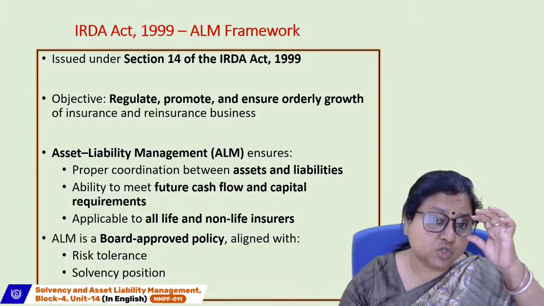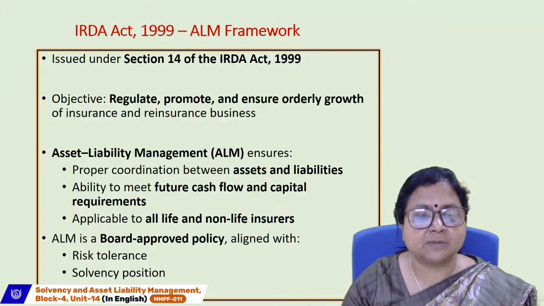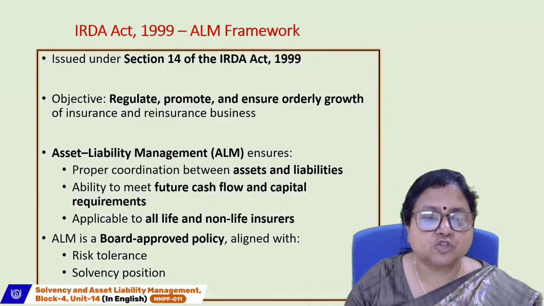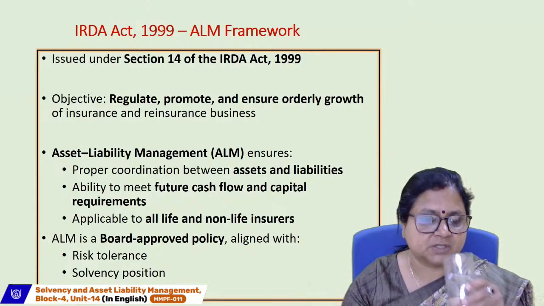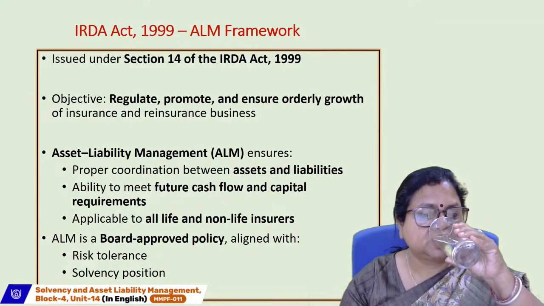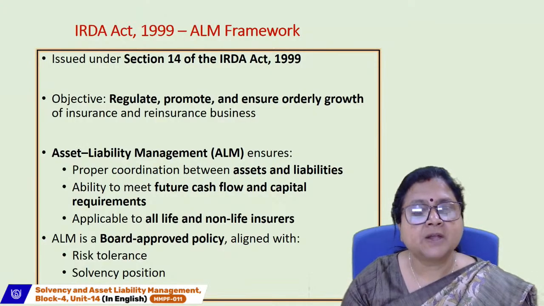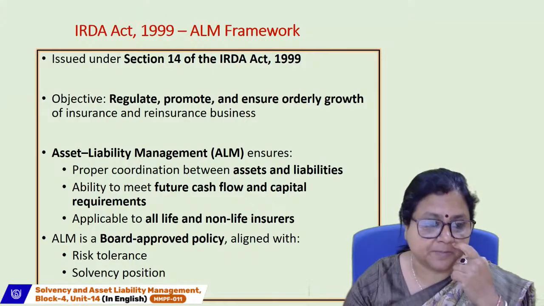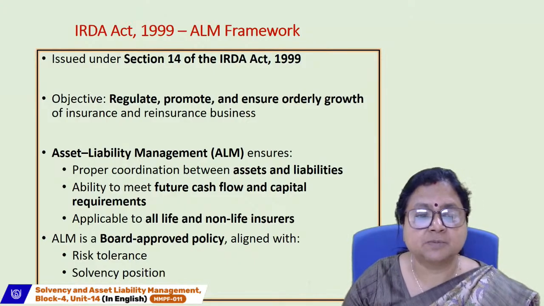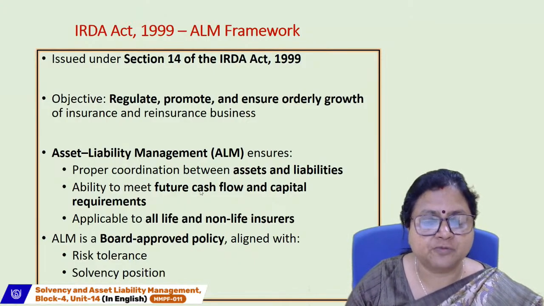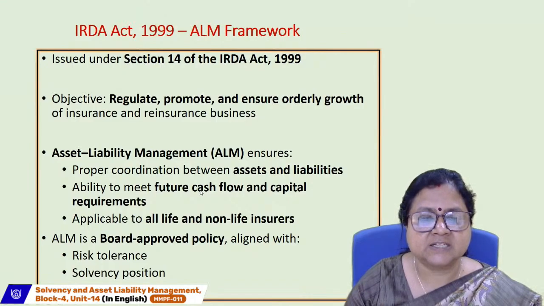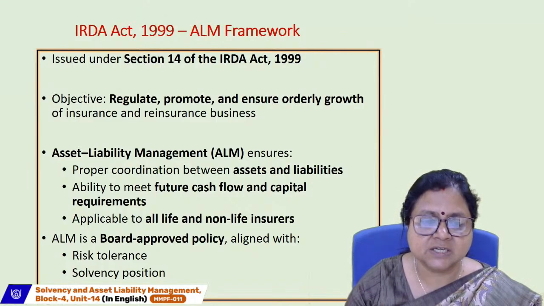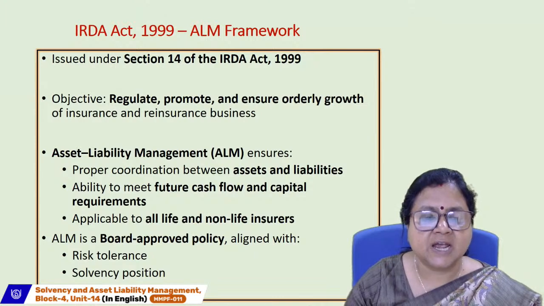This ALM framework is applicable to all life and non-life insurance companies. That means it is applicable for life insurance as well as general insurance companies. ALM is a board approved policy, and it is aligned with the risk tolerance, solvency position, and liquidity requirements.